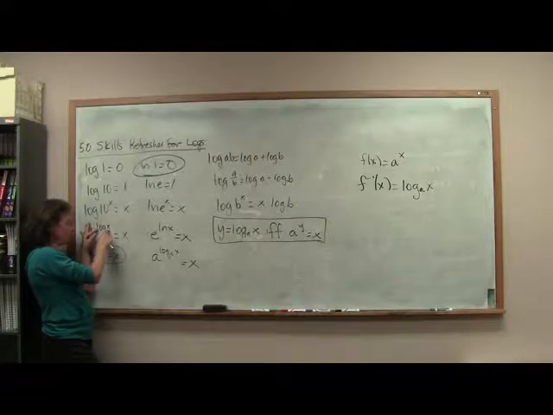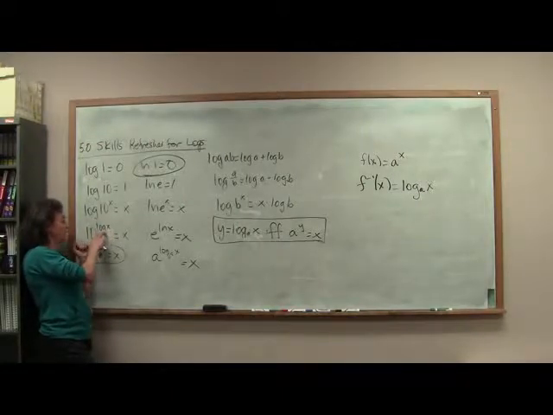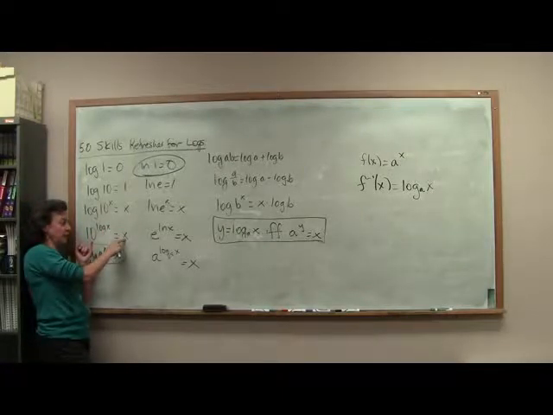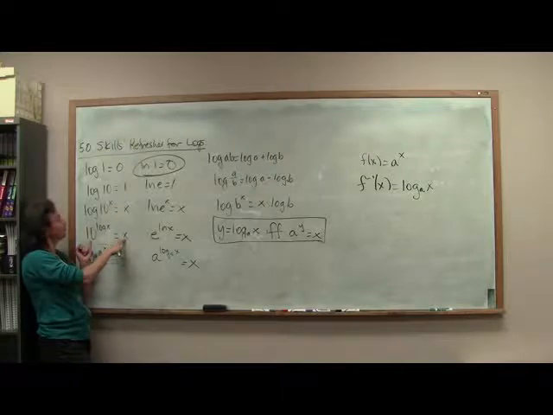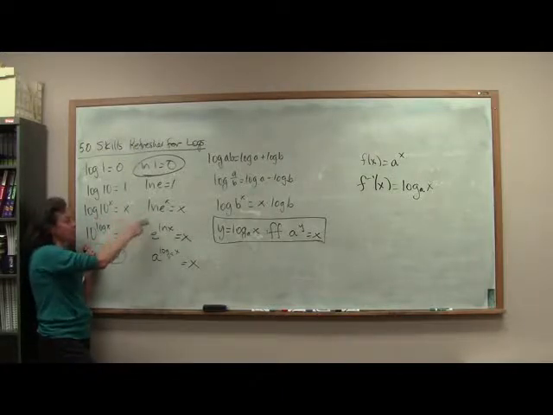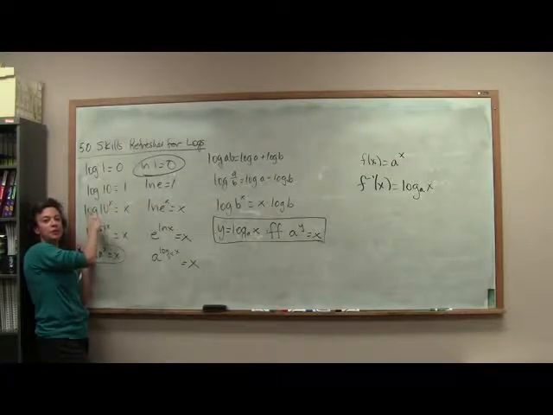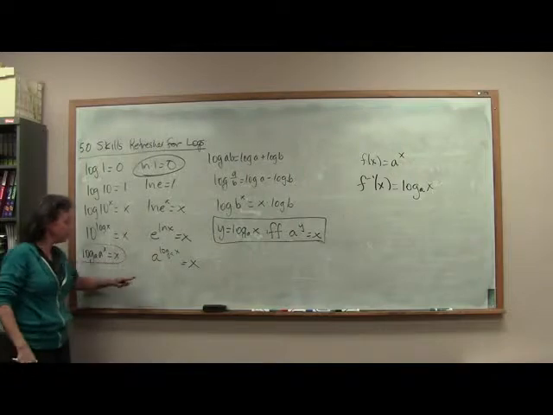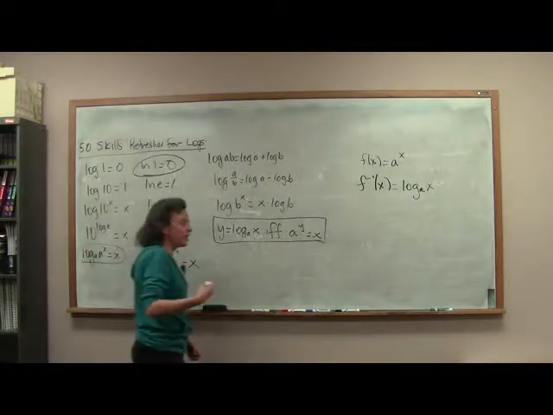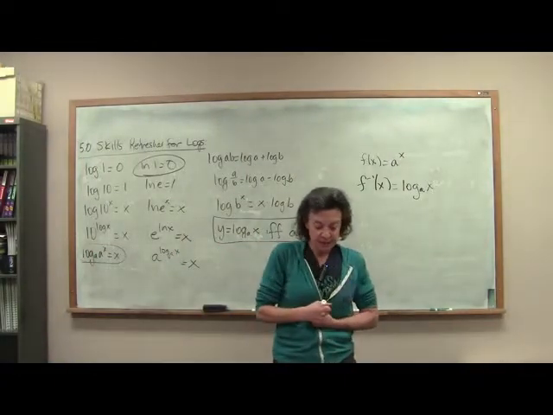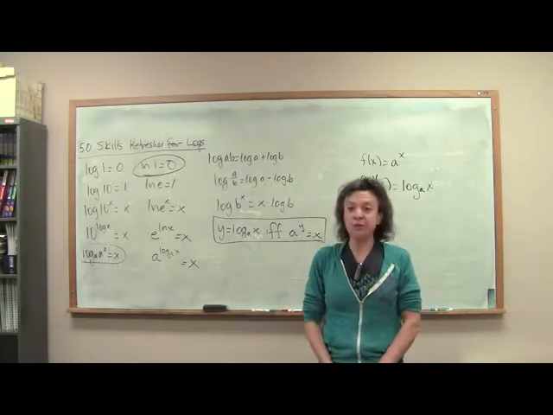Here you're starting with x and taking the log of it, while the inverse of the log is 10 raised to that power, and that's why you get what you started with. These work for the exact same reason: you start with x, put it in the exponential, then apply the inverse, and you get back to where you started.